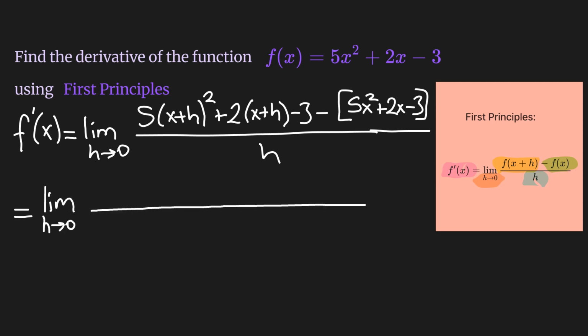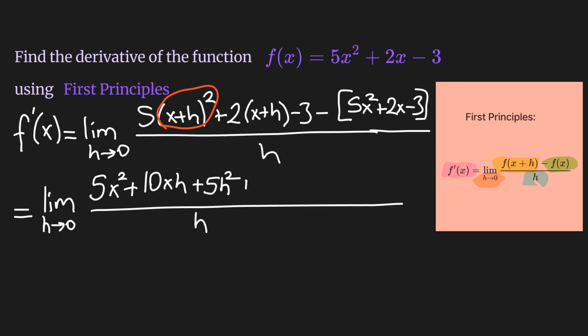First, I am expanding the parentheses. Now distributing the square of the parentheses, 5x squared plus 10xh plus 5h squared. Now expanding this parentheses, 2x plus 2h and minus 3.